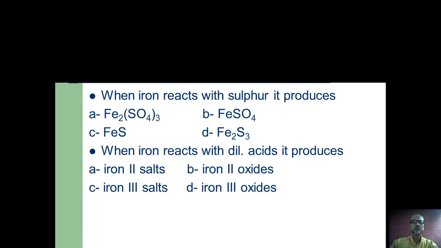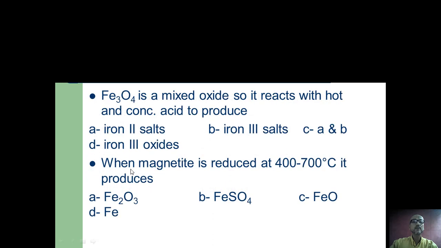Excellent. It will be iron 2 salt. The reason? Because acids, when they are diluted, produce hydrogen. So hydrogen is a reducing agent, so it will produce iron 2 salt. Choice number A. Next question.